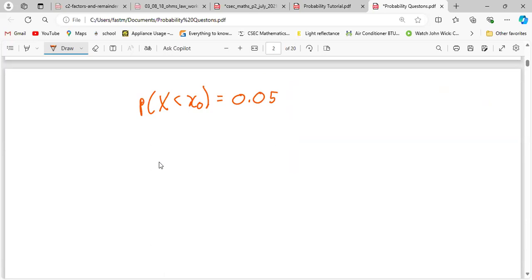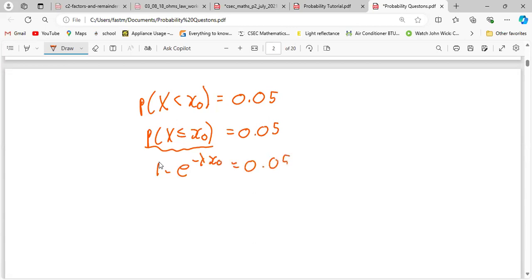Here we could use the CDF because it's continuous; we don't necessarily have to have the equal next to it. We know the equation for this: 1 minus e to the minus lambda x0 is 0.05. Carry across the 1, so you get minus 0.95, and you cancel the negatives.